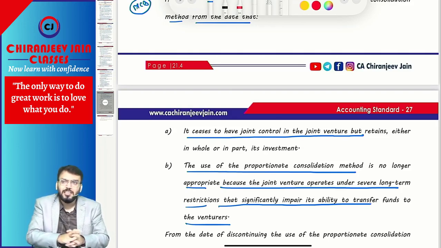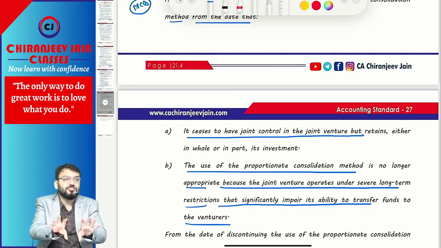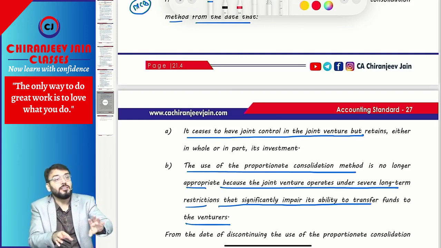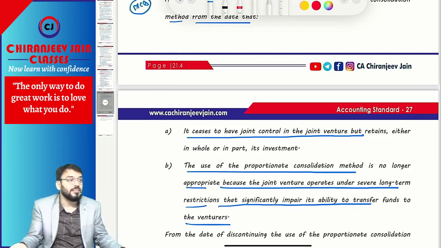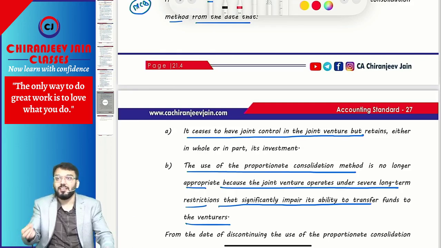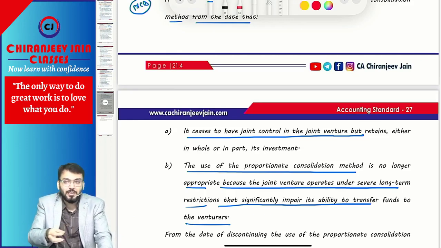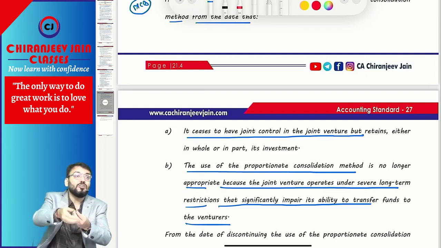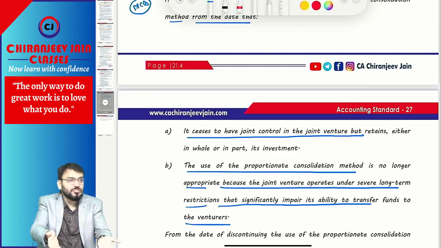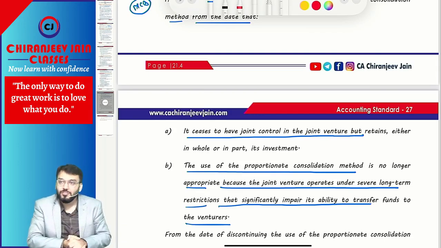Sometimes due to some act, the joint venture has some restriction that it cannot transfer its funds to the venturer. It means even though there is a contractual agreement, there is no joint control. Suppose I created one company and I have control over that. But now there is some restriction that I cannot use the funds. It means I do not have joint control.